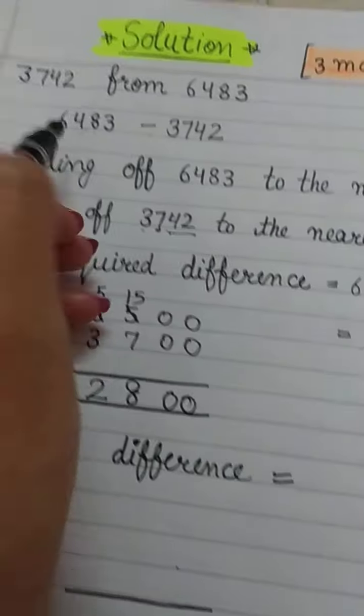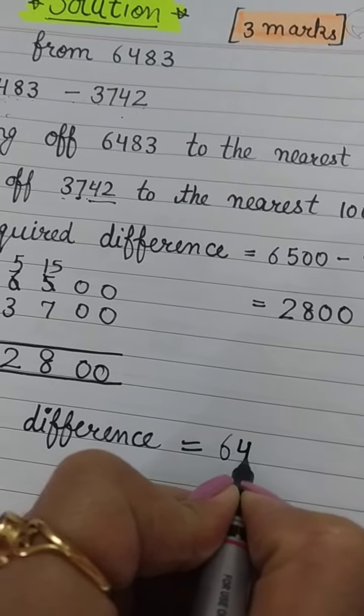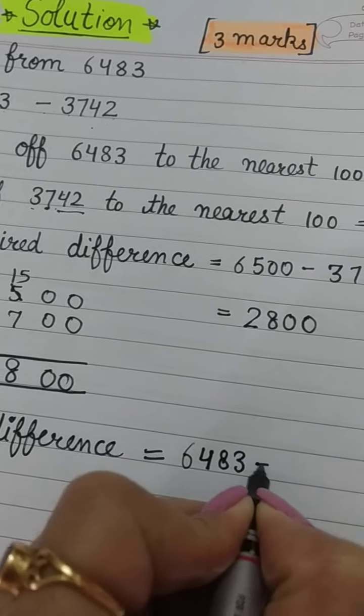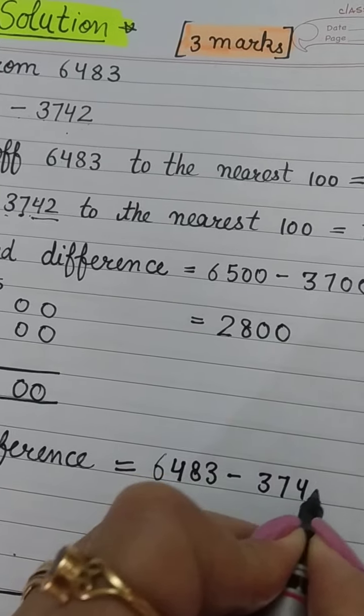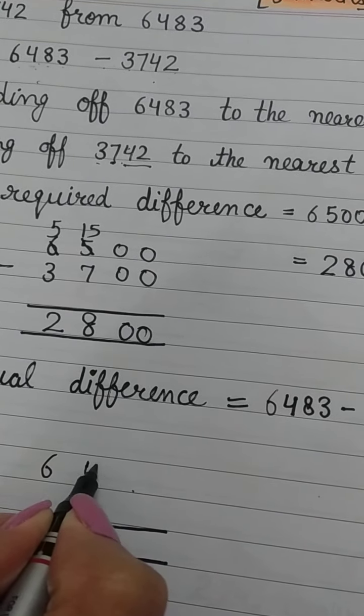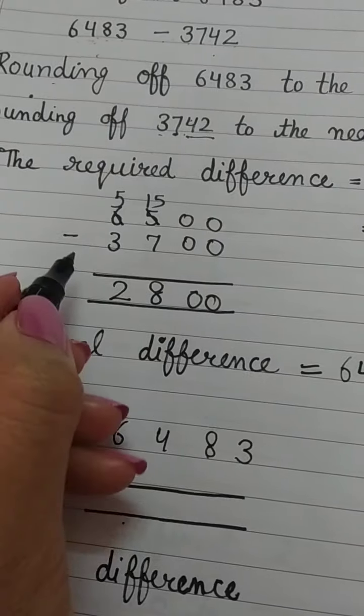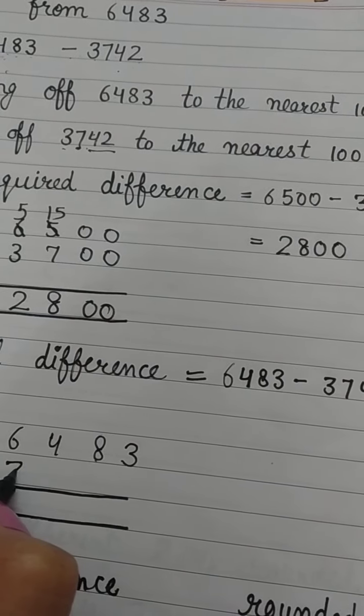Now we have to find the actual difference. The actual digits we have are 6,483 minus 3,742. Subtract it. Don't forget the symbol of subtraction. It is very important.